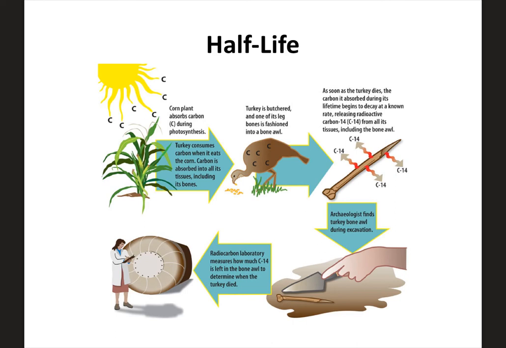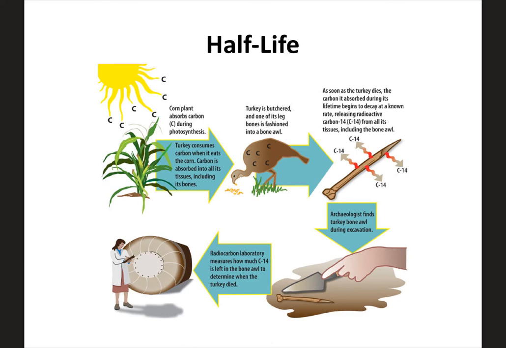As soon as that turkey is dead, the carbon in the bones starts to decay at a known rate, releasing radioactive carbon, carbon 14, an isotope of carbon, from all of its tissues, including the weapon, including the bone.